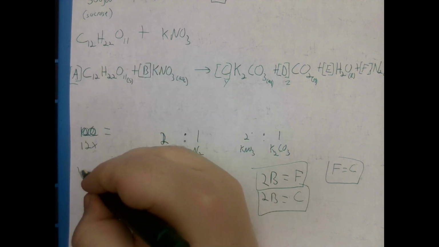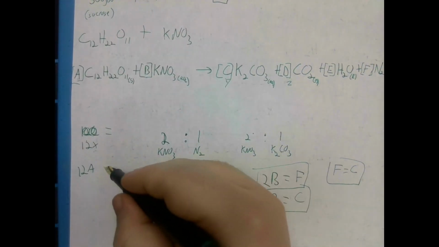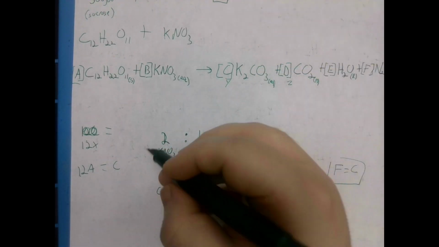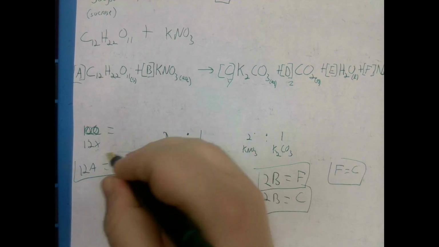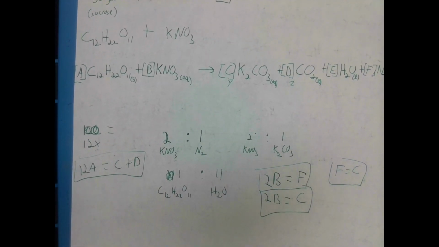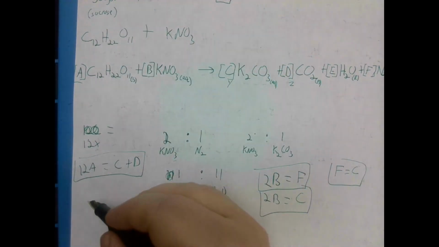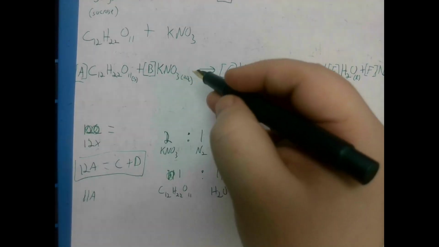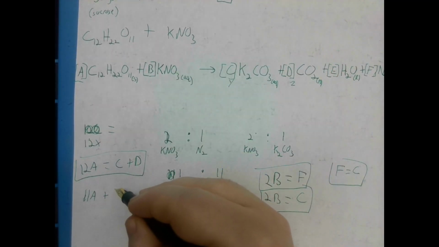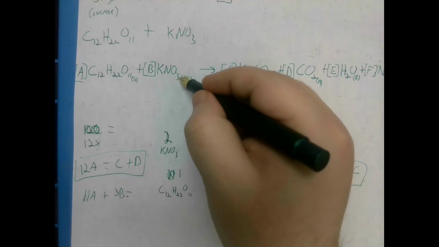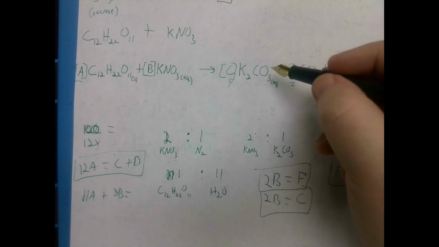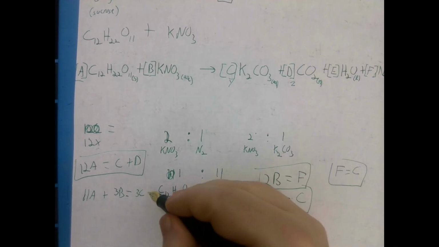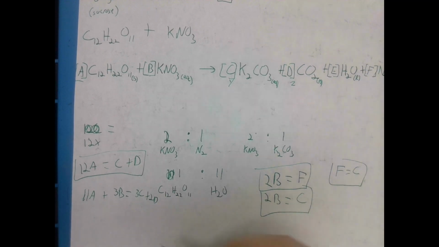I know that 12 times A has to be equal to C plus D. That's another equation. I need to do one for oxygen. So I know oxygen is 11 times A, tells me how many oxygen are left, plus 3 times B, so 3 oxygens, and that is to equal 3 times C, plus 2 times D, plus E.